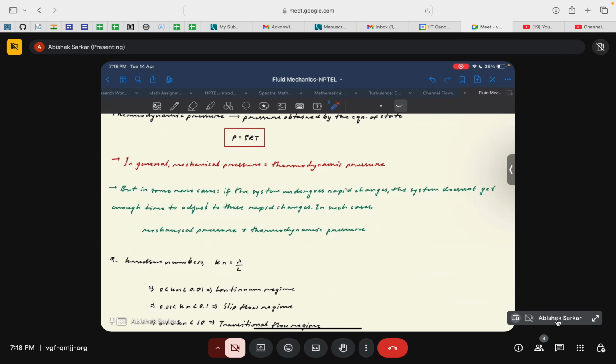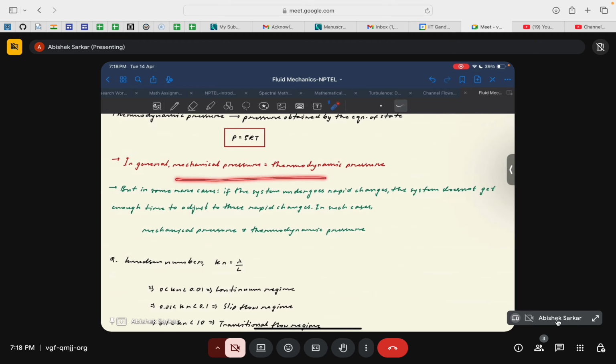But there are some instances where the system undergoes rapid changes and does not get enough time to adjust to them, and in those scenarios the mechanical pressure and thermodynamic pressure are not equal to each other. But for all the analysis that we have done, the questions that might come in the exam, or even any basic fluid mechanics course, we usually consider the mechanical pressure to be identical to the thermodynamic pressure.